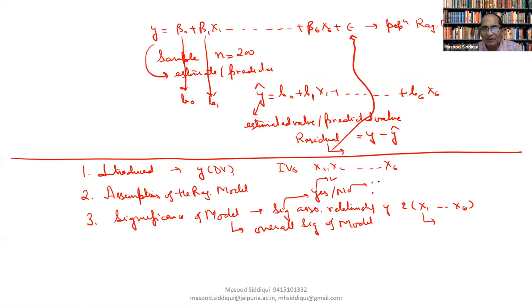The first reason may be that we have mentioned the wrong functional form. What do we mean by wrong functional form? We have assumed that this model is linear. It might be possible that this relationship is not linear. It may be non-linear, so instead of linear regression, we should use non-linear regression. So one reason is we have mentioned the wrong functional form, and we would check whether this is correct or not.